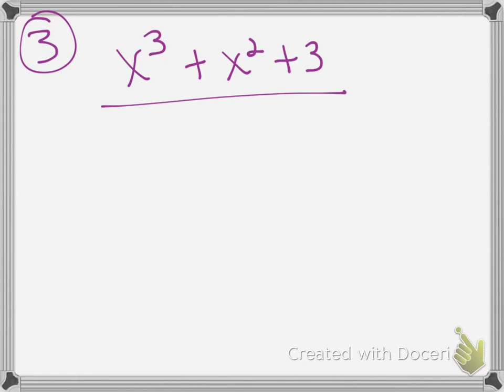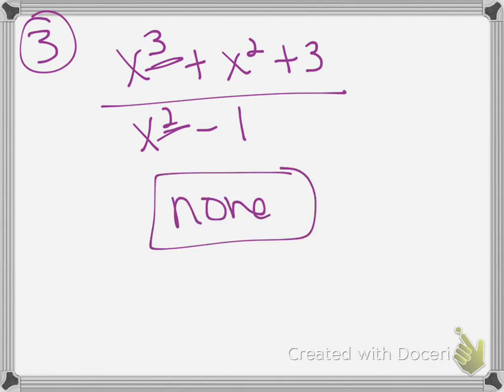And one final one to look at, if I have x cubed plus x squared plus 3 all over x squared minus 1, the degree is bigger in the numerator, so therefore the horizontal asymptote is none. In the next video, we'll go ahead and look at sketching one of these rational function graphs.